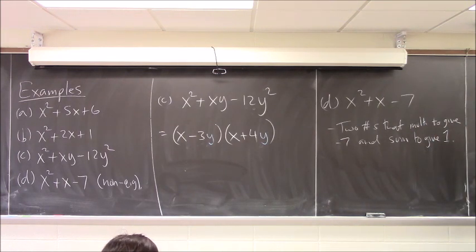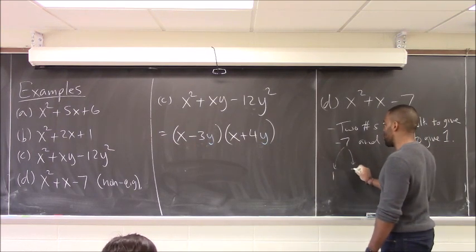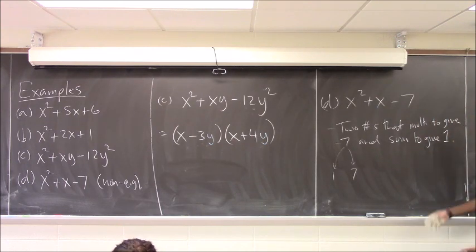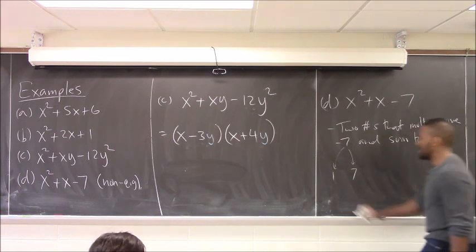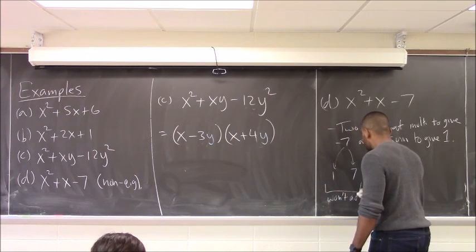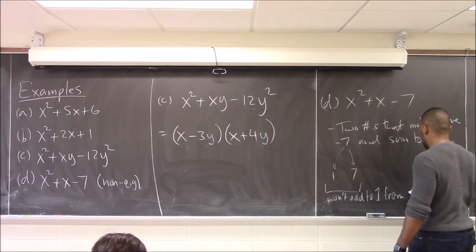And the thing is, 7 is prime. So really the only choices are 1 and 7. It's either 1 times 7 or 7 times 1. Either minus 1 times a positive 7 or minus 7 times a positive 1. And you realize, these won't add to 1, from any arrangement.